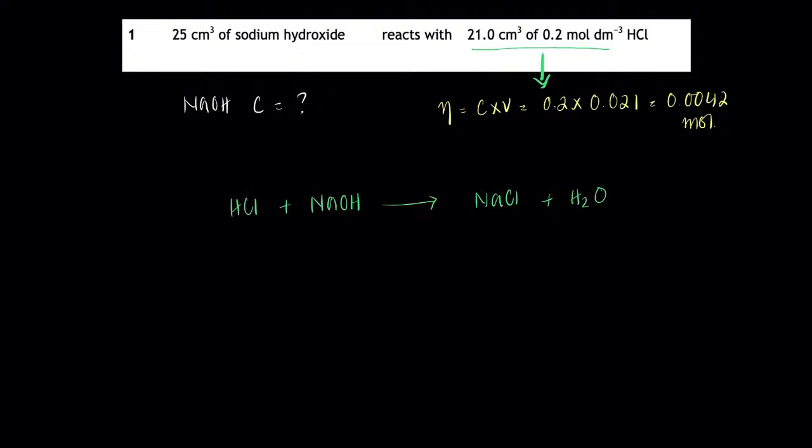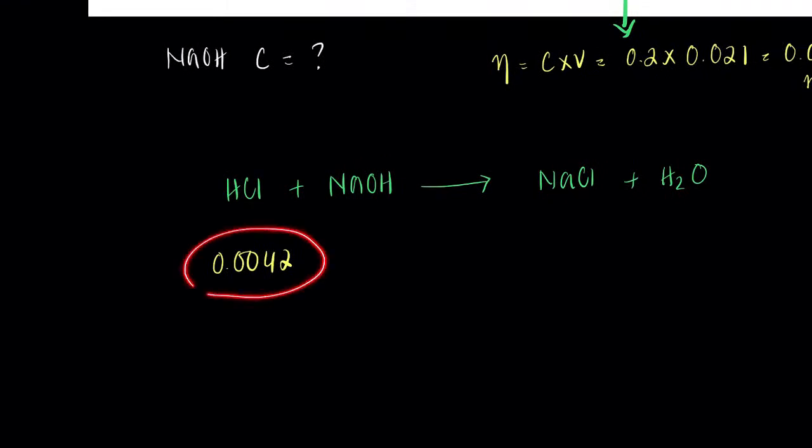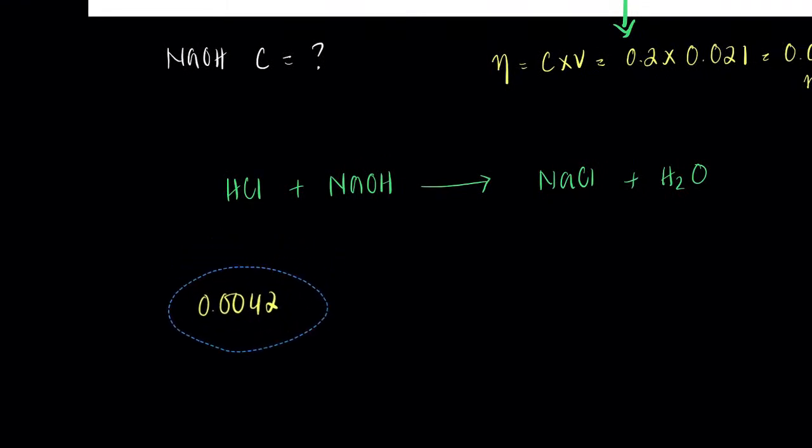So this time around, because we have the information for hydrochloric acid, we'll write it here. This is 0.0042 moles. So if I ended up using 0.0042 moles, the ratio between them is what?